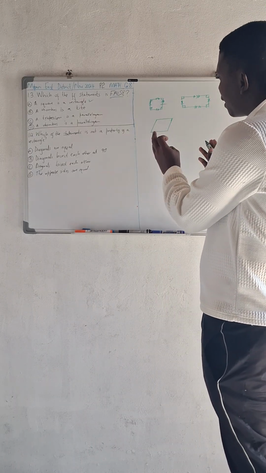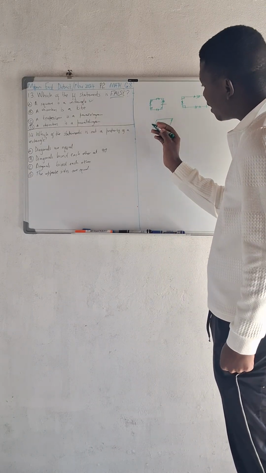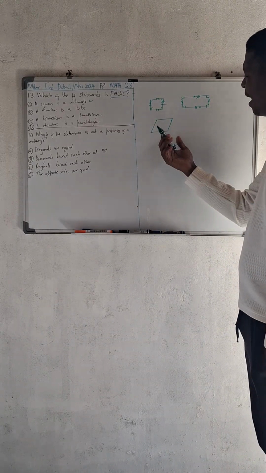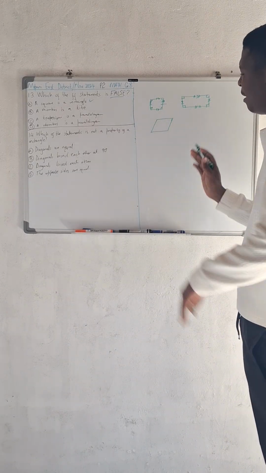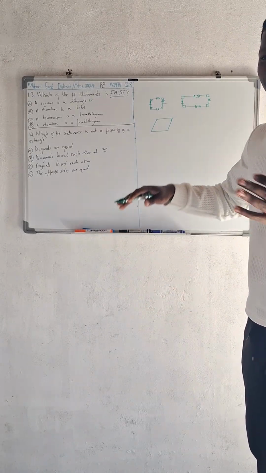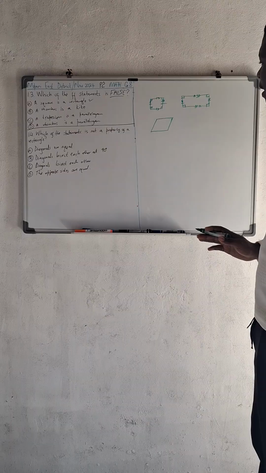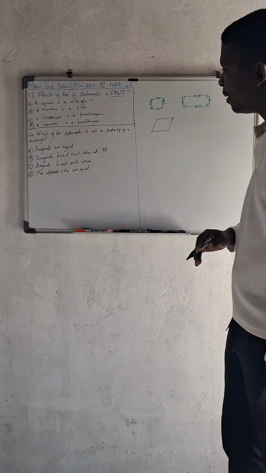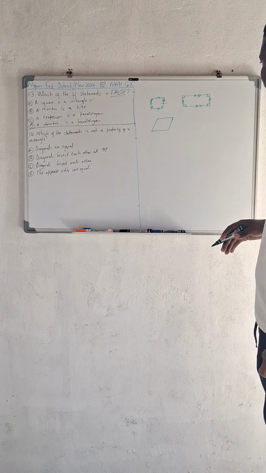The angles are not equal to 90 degrees. So those are minor differences, but a rhombus almost looks like a square. If you can fix it a little bit to be straight, then it will be a square. They just slanted these two sides, and that one they had to move a little bit, just for interest's sake.